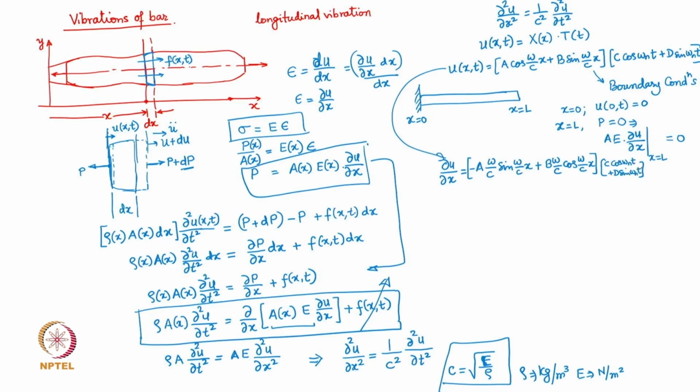So dou u by dou x at x equal to L will be minus A omega by c sin(omega/c L) plus b omega by c cos(omega/c L), times the harmonic time function, equal to 0.